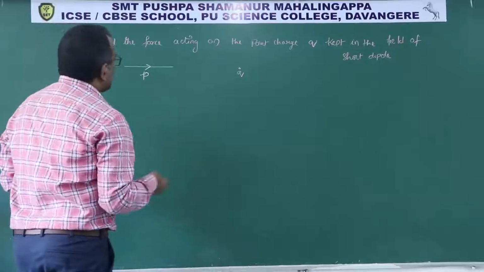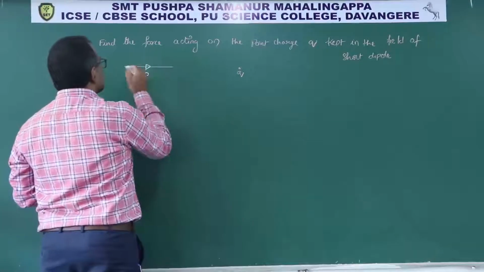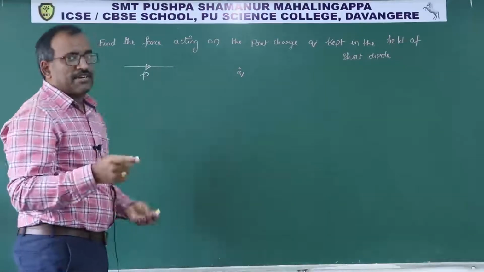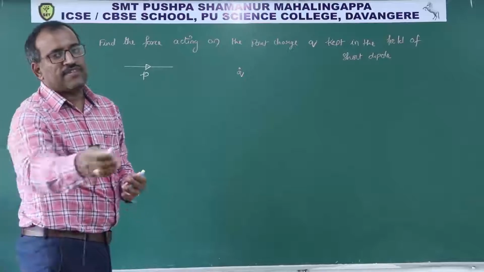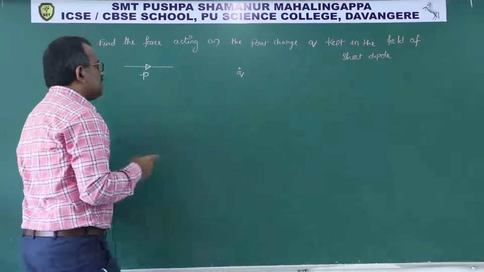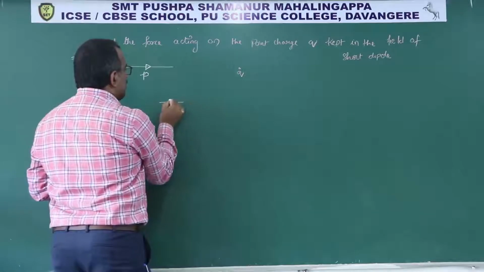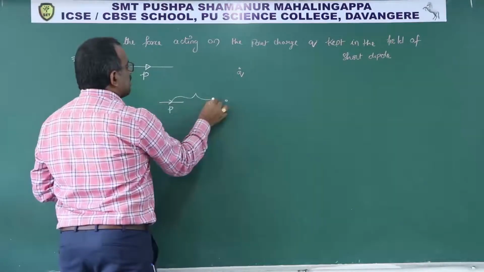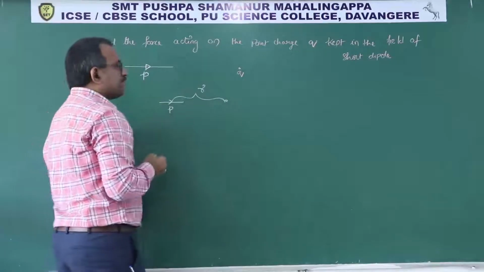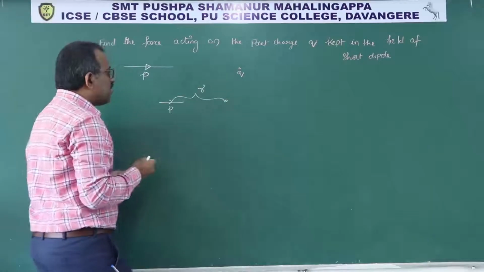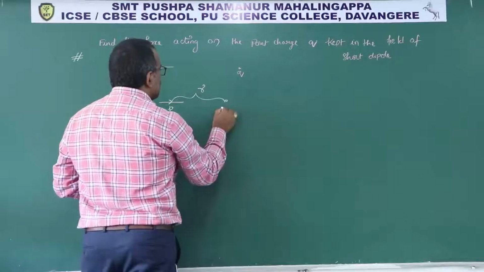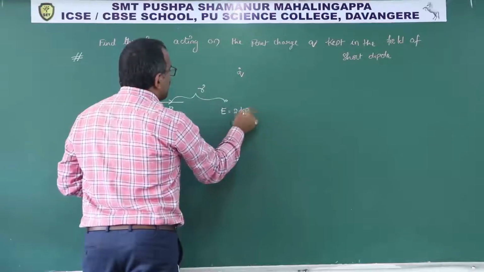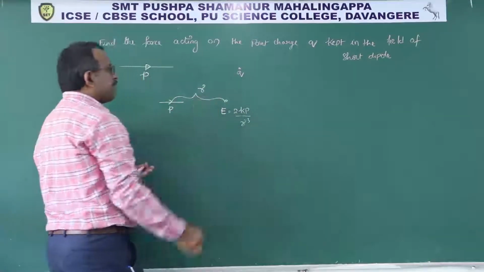If you see it carefully, the charge is kept in the field, and first of all let me tell you, is this a non-uniform field or a uniform field? The electric field due to a dipole at its axial point, at a distance of r, is 2kp by r cube.